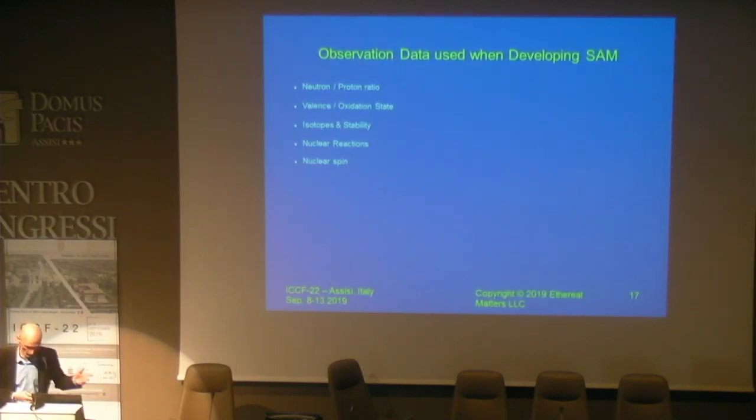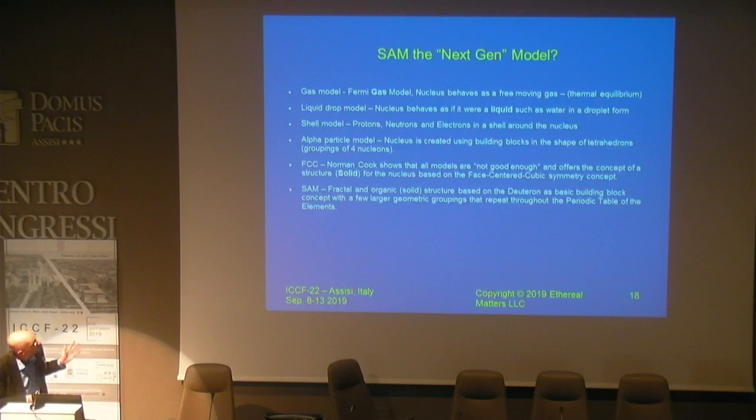Observational data when we developed this program was neutron-proton ratio, valence or oxidation state, isotopes and stability, nuclear reactions, nuclear spin. These attributes, these observations were used to create the whole model. So SAM, the next-gen model, it's a bit presumptuous, but there you go. In the past, we started out with a couple of models like a gas, liquid, shell model, alpha particle model, of course Norman Cook with the FCC model, and we believe that we are very close to each other, even though there are some distinct differences.